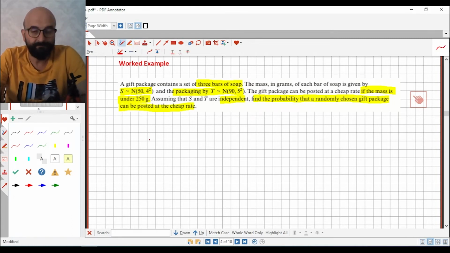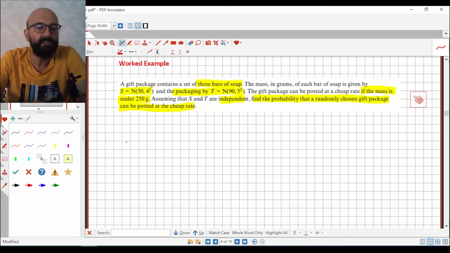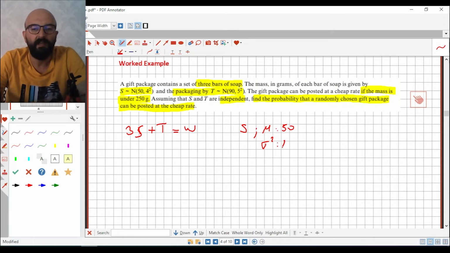Now, in the package, we have three soaps and packaging, or T. So we can give a name to the total mass: it is W. For soap, the mean is 50, and the variance, sigma squared, is 4 squared.